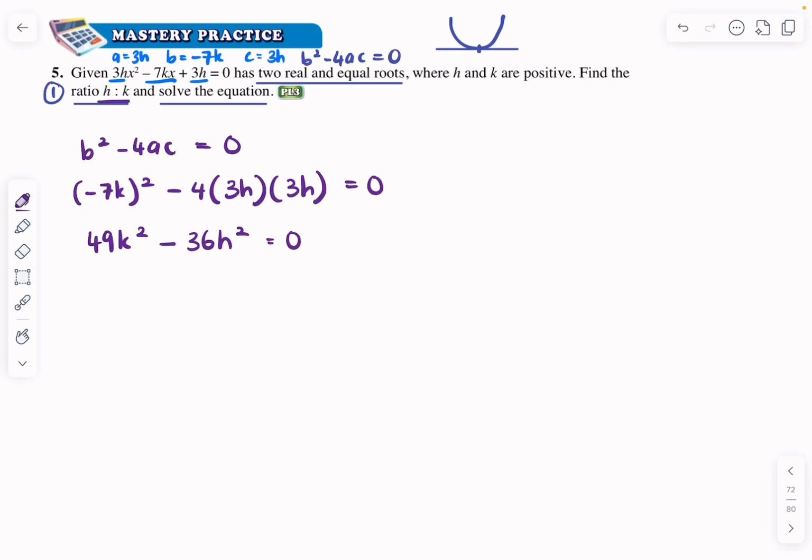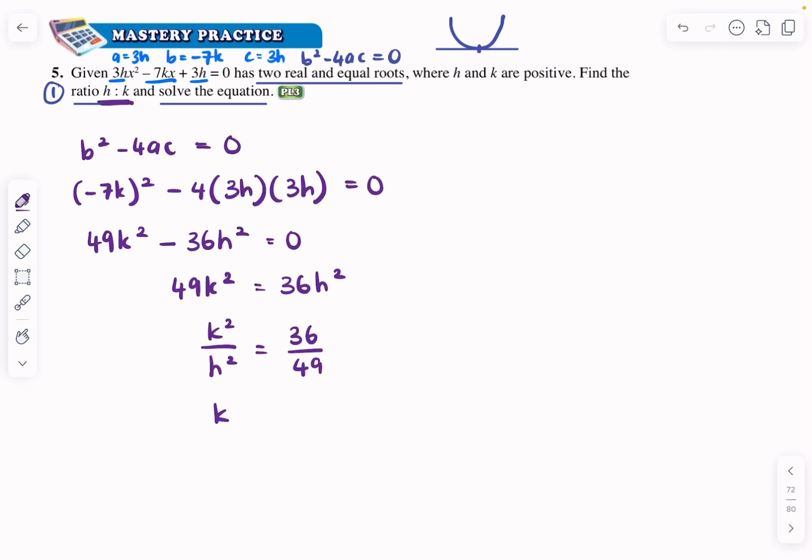Now we need to find the ratio of h to k, so we must make k over h the subject. So 49k square, we bring 36 there, and then we make k square over h square the subject. So h square becomes divide, 49 goes there, will become divide. So it will become 36 over 49.